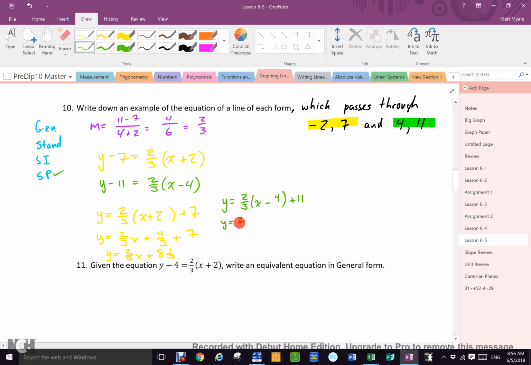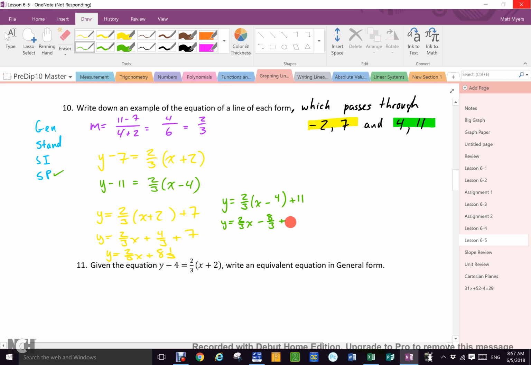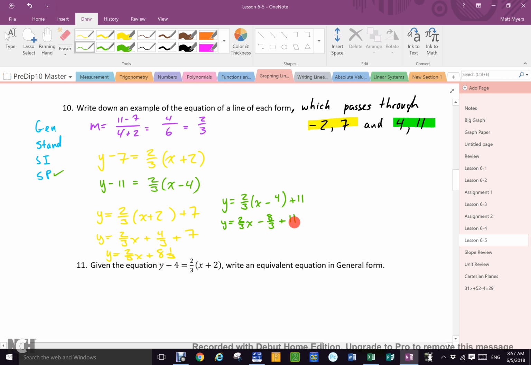Y equals 2/3 x minus 8/3 plus 11, correct? 8/3 is what? 2 and 2/3. What's 11 minus 2? 9. What's 9 minus 2/3? 8 and 1/3. Oh, look at that. And looky there. Kiddlywinks. Yeah?